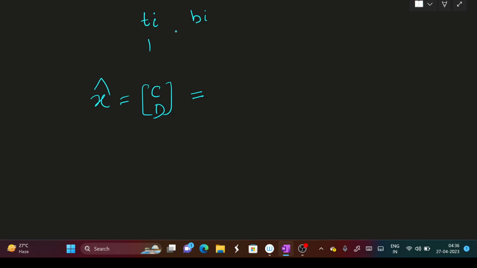From this equation, it is nothing but (A transpose A) whole inverse A transpose B. Directly in the exam we can go for it.